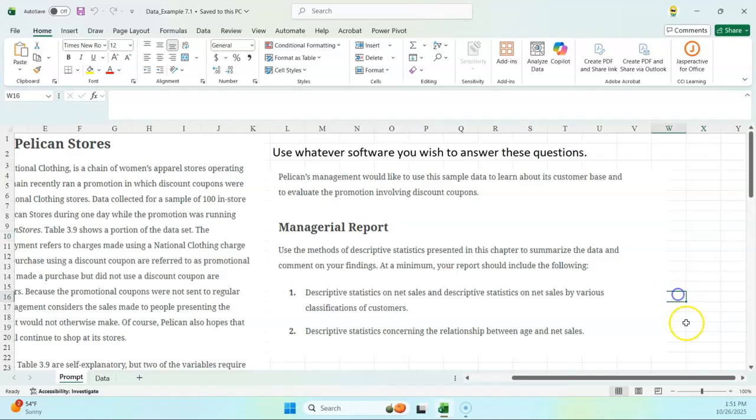And the first is looking at the descriptive statistics on net sales and the descriptive statistics on net sales by various classifications of customer. What is a classification of customer? Classification of customer would be, okay, are they a regular customer? Did they use the coupon? Are they male? Are they female? Are they single? Are they married?